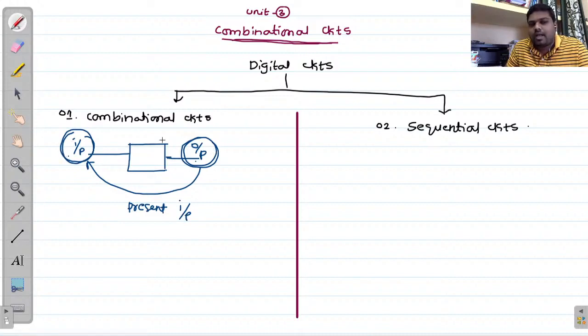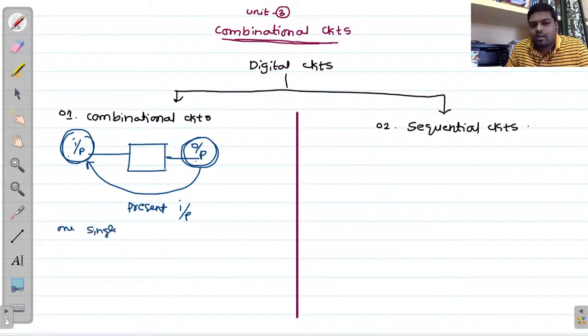That means at one single instant, this output and input both are dependent. At one particular instant, the output depends on input. Only one single time instant, that you have to remember.